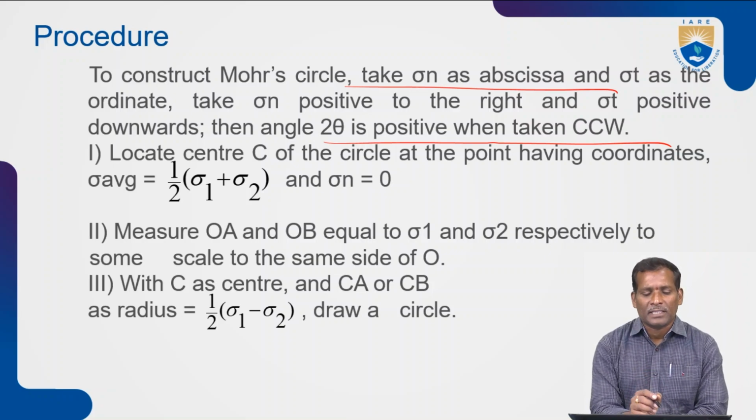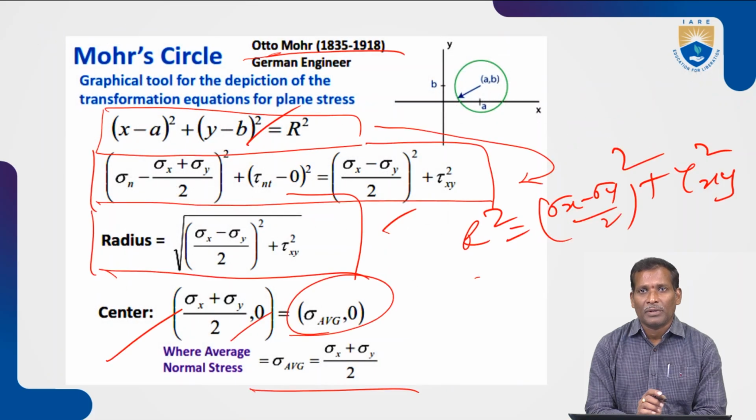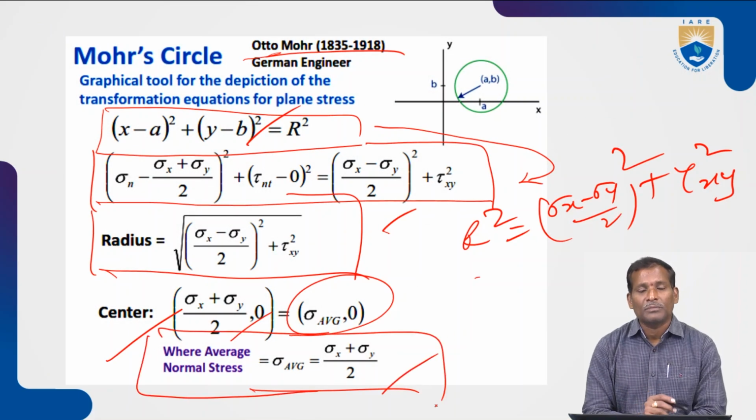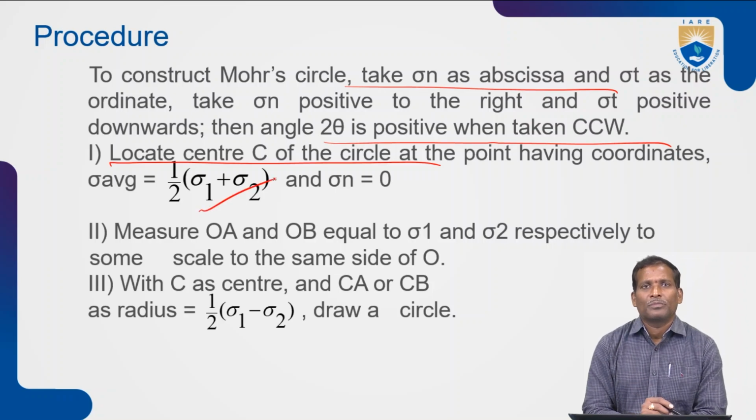First, locate the center C for the circle at the point having coordinates equal to the average. As you have already seen, that is the average of the maximum and minimum normal stress, sigma x plus sigma y, or (sigma 1 plus sigma 2) by 2, and sigma t is 0.